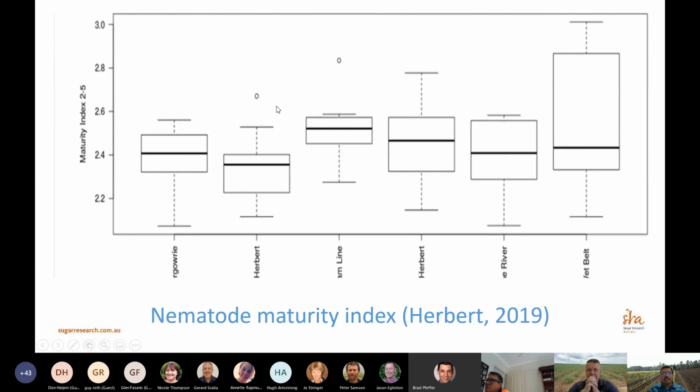In general, if the maturity index is below 3, the soil is disturbed or depleted. But if it's more than 3, the soil is mature. It has a nice soil food web, and it is a much more balanced soil.